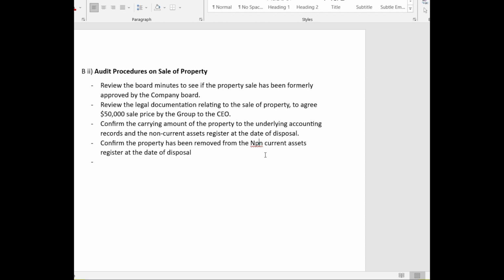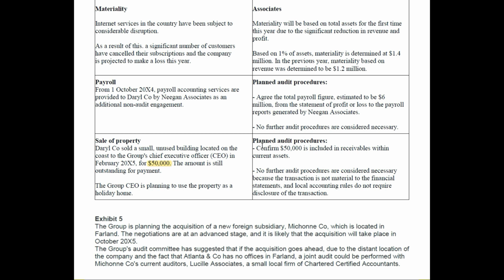You see how we have drafted another point. Now what else can you think of? Read the point again. I told you that we were confirming that the carrying amount of this property was removed from the non-current assets register or not, right?